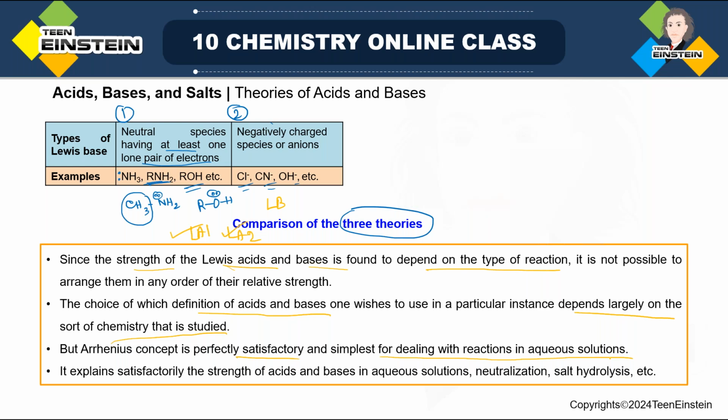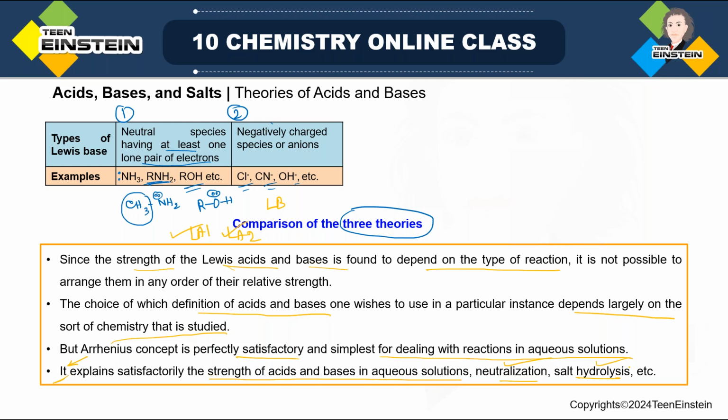So it depends on which theory you are going to use, and on what type of chemistry you are talking about. It explains satisfactorily the strength of acid bases in aqueous solution. It means Arrhenius. Then neutralization, salt hydrolysis. These will be the topics discussed later in this unit.